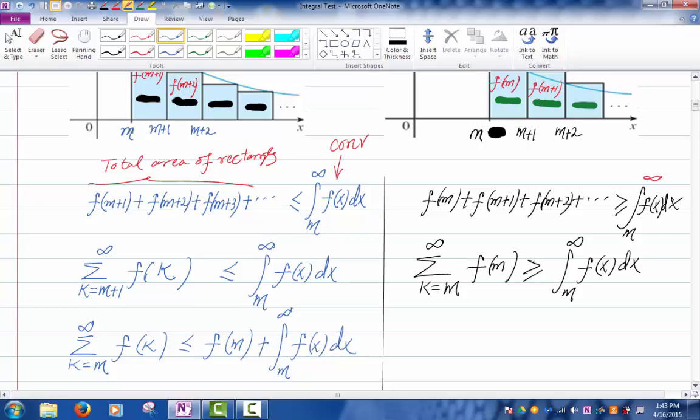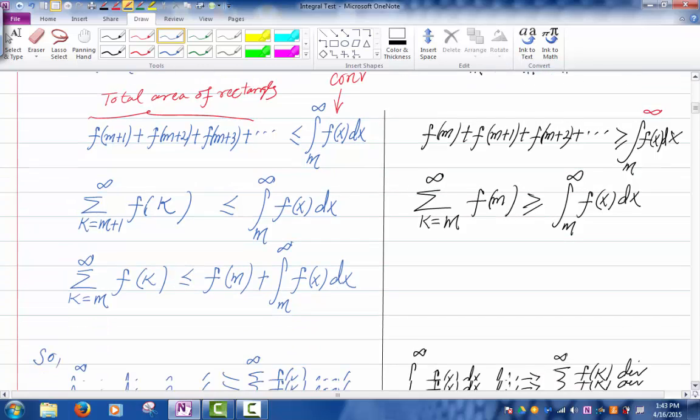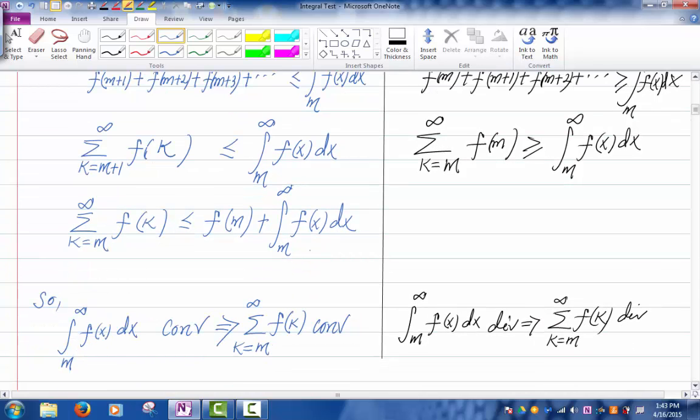Now, since we are assuming that the integral is convergent, right? If that is convergent, then it implies that the infinite series, summation k going from m to infinity of f of k, should also be convergent. Why? Because that series is smaller than the integral.